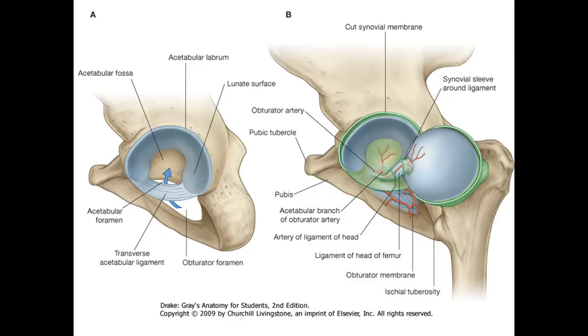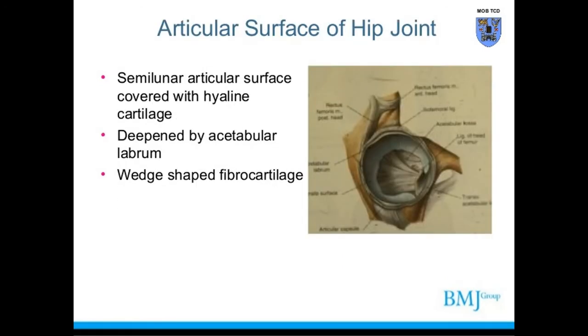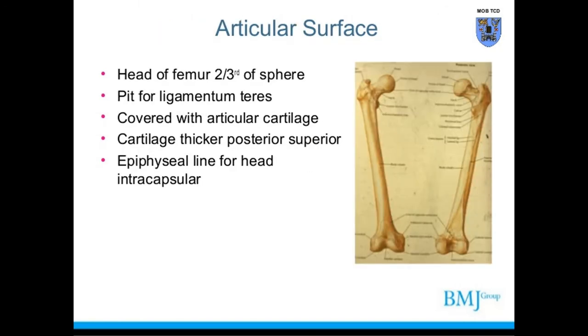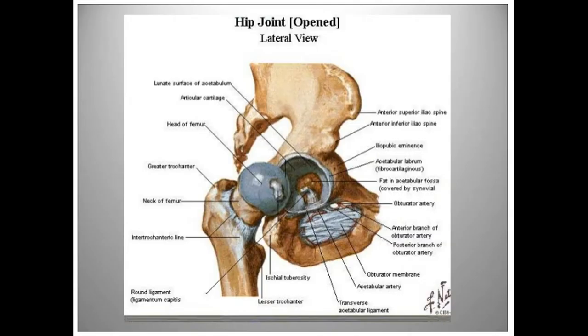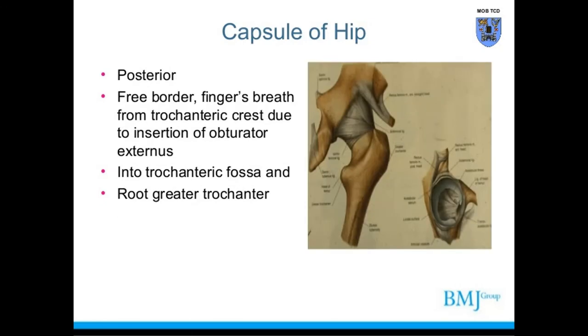Then the acetabulum covering, how it is formed, Y-shaped, and which bones take part when it starts ossifying. Then the acetabulum, the articular surface of the femur, and the capsule of the hip joint.